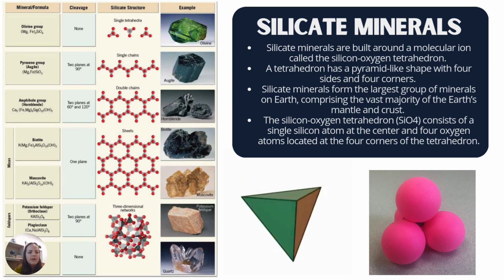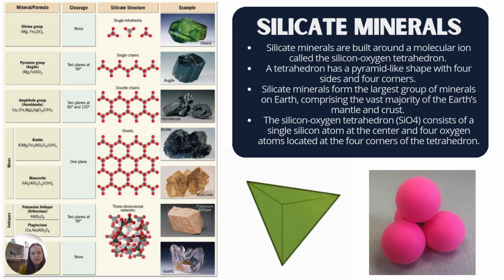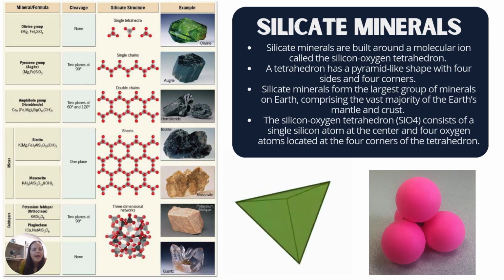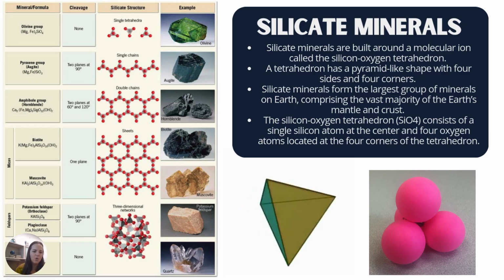So here's a chart on the left that has olivine at the top. You can see that the silicate structure is fairly simple. It's a simple tetrahedra when we're looking at olivine. Olivine crystallizes really quickly out of a magma at a really hot state. So when the lava or the magma is really hot, that's generally when we're going to see the crystallization of olivine. We go all the way down to the bottom, which would be the opposite end of olivine, is quartz.